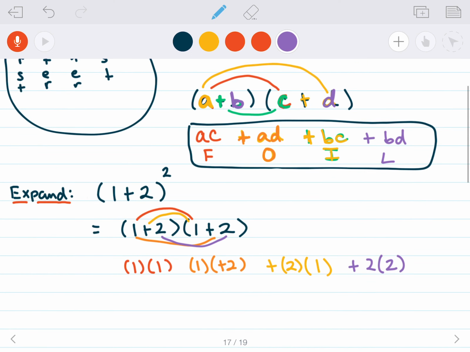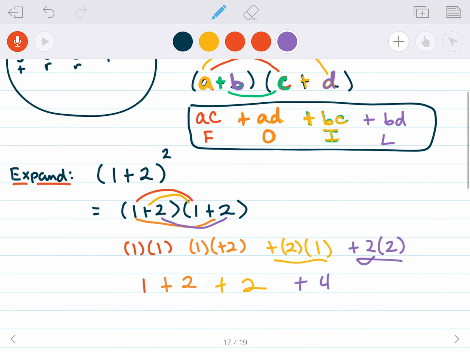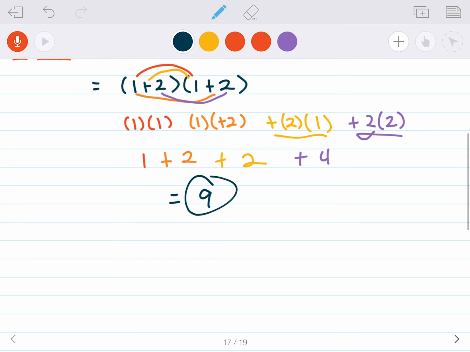Simplifying this out, we get 1 times positive 2 is positive 2. Again, 2 times 1 is just a positive 2. And then 2 times 2, positive 4. Add them all up. 4 plus 2 plus 2 plus 1, you get 9. So that's how we can use FOIL with just a problem like that.